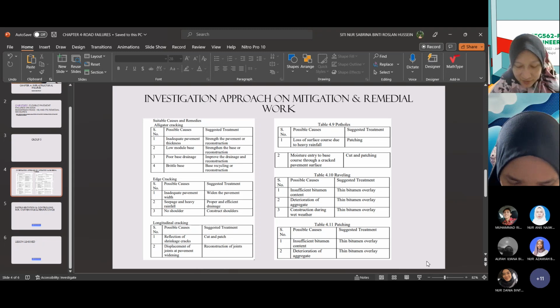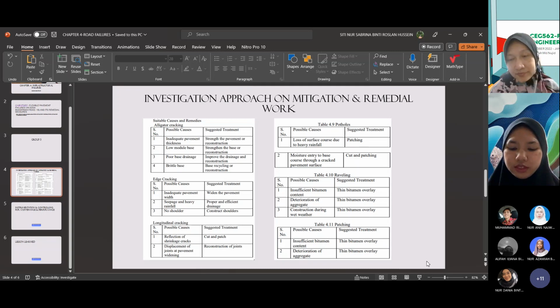Sebelum-sebelum ni kita sat-sat je. Berapa?